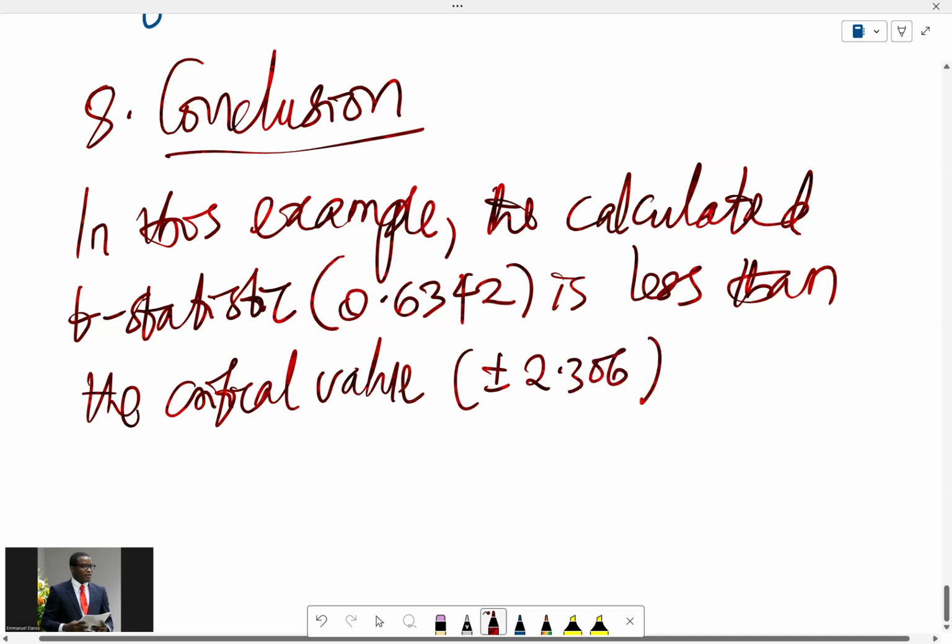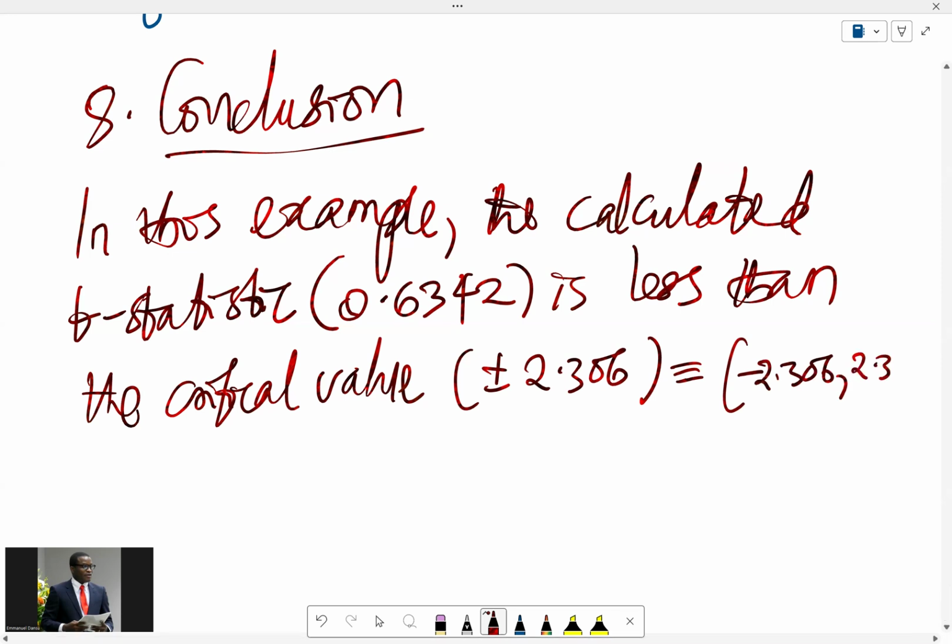That means that it lies within the range, right? So if you look, this is more like you have this range minus 2.306 and 2.306. So you see that this 0.6342 will be somewhere in between the two. Once it lies within that range, then we accept the null hypothesis.